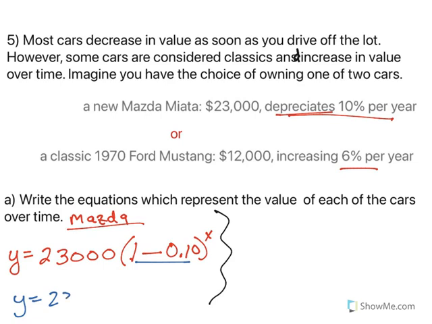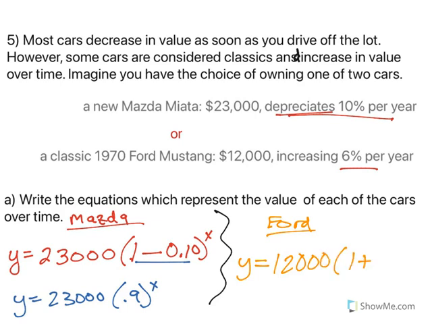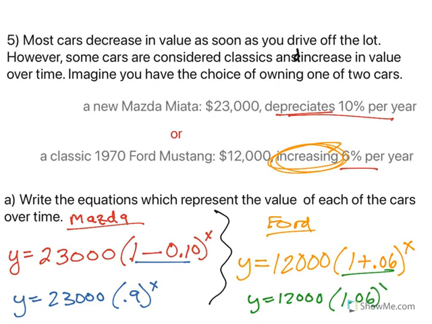So I have y equals 23,000 times 0.9 to the x. Great. Let's go to the Ford. So y equals, what's the initial amount? 12,000. 1 plus, because it's increasing, 6% or 0.06. Simplify inside, and we have y equals 12,000 times 1.06 to the x.